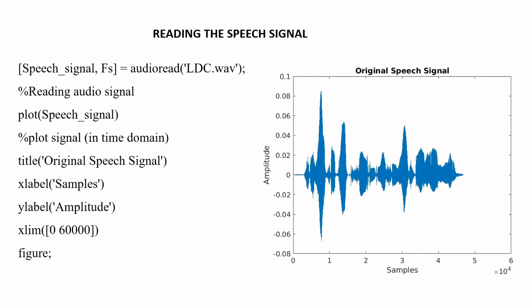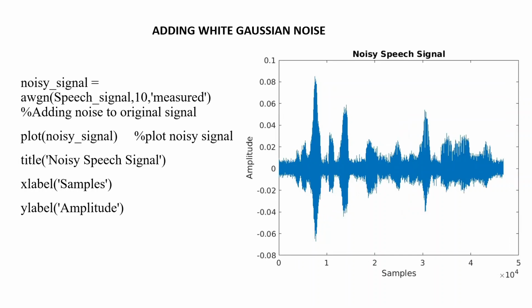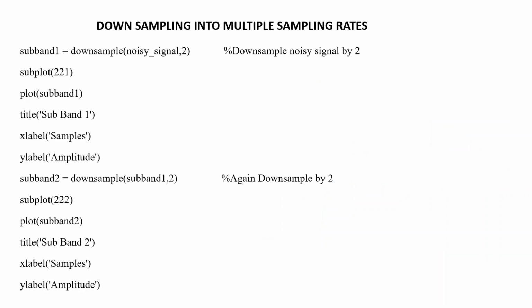Now let's see the MATLAB implementation. First we have read the speech signal. Here you can see the MATLAB code for reading the signal, and this is the plot for the audio signal. Then Gaussian noise is added to the signal, and you can see the change in the plot of the speech signal.